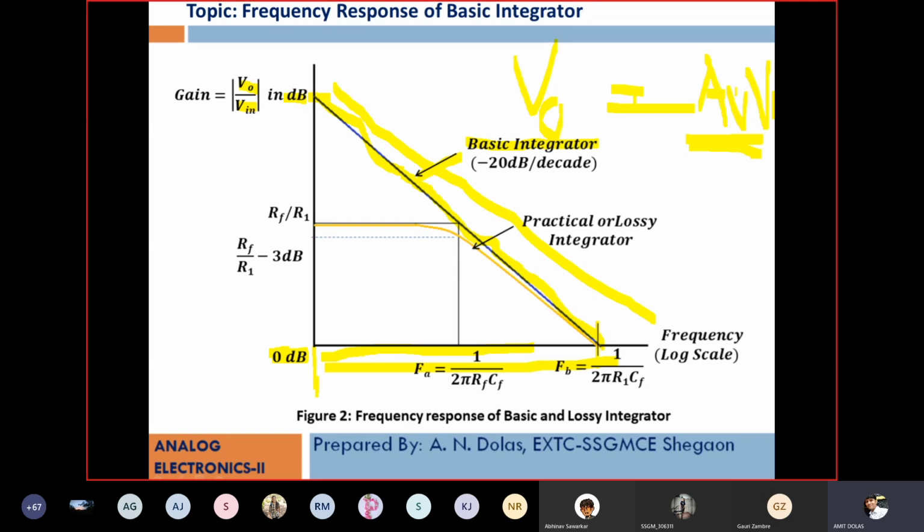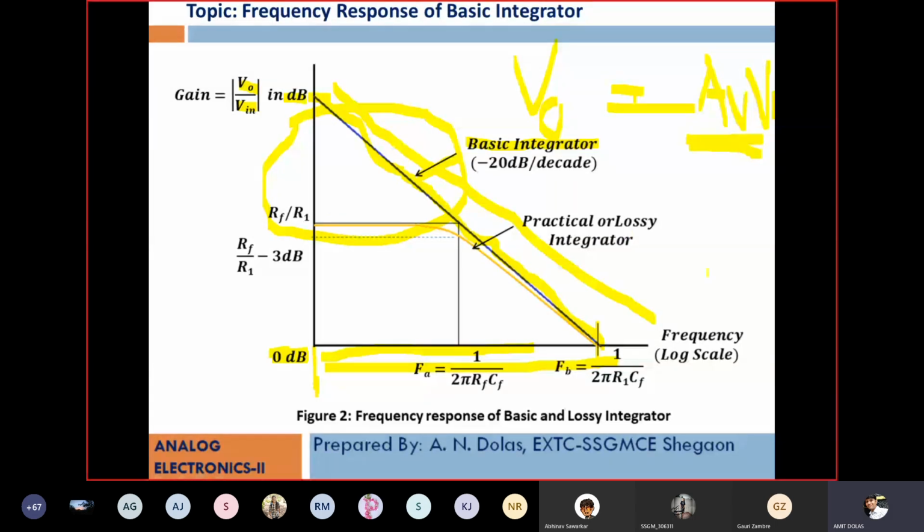The operational amplifier power supply is plus 15 and minus 15, so it will reach a saturated value. This is one of the drawbacks of the basic integrator. For certain lower frequencies, it will have unstable output because the gain is very, very high and the output will saturate. That's why for certain initial frequencies, the integration operation is not possible.